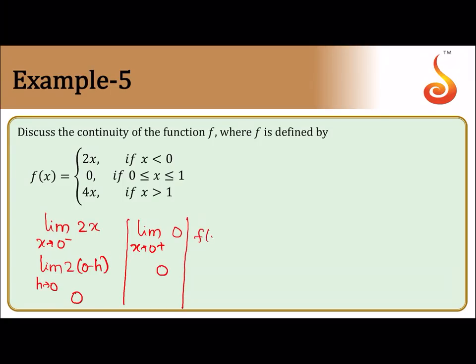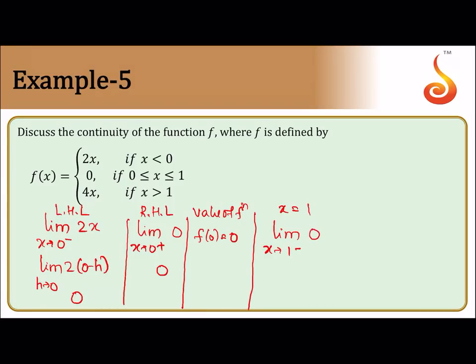Limit x tending to 0 plus, already 0 is given. Next one, the value of the function f of 0 is equal to 0. This is the left hand limit, this is the right hand limit, and this is the value of the function.